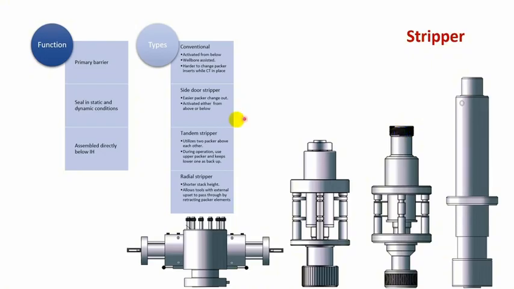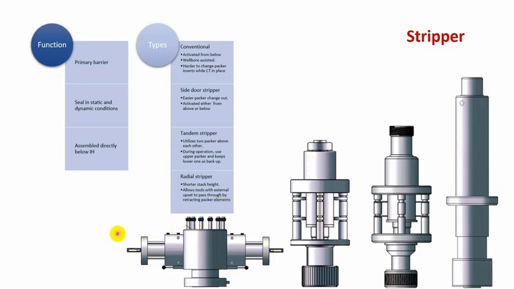Okay, and if we have tandem stripper, we always use the upper one. So if we mount this above this, we will operate on this one and retract this one. So if a leak occurs above this one, we close this one and repair the one above.